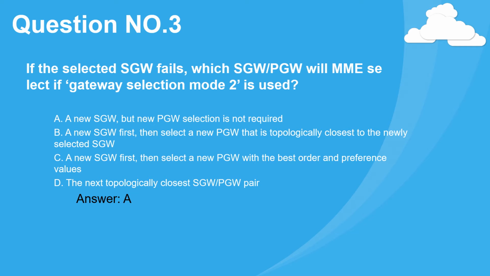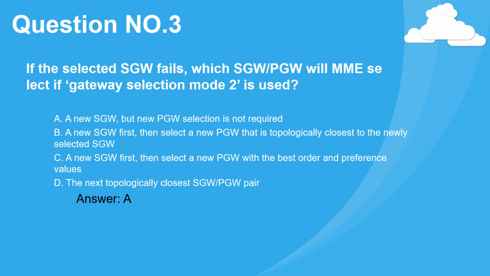Question number 3. If the selected SGW fails, which SGW PGW will MME select if Gateway Selection Mode 2 is used? A. A new SGW, but new PGW selection is not required.